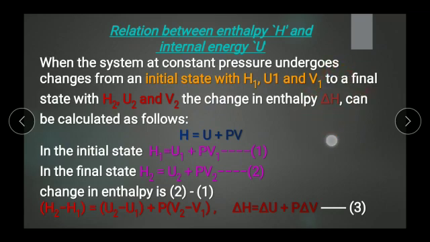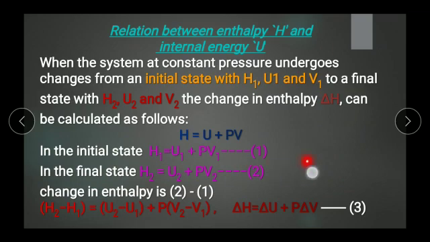Then we calculate del H, the change in enthalpy. What is the formula for enthalpy? H is equal to U plus PV. For the initial state, H1 is equal to U1 plus PV1. For the final state, H2 is equal to U2 plus PV2. Then the change in enthalpy del H becomes H2 minus H1.